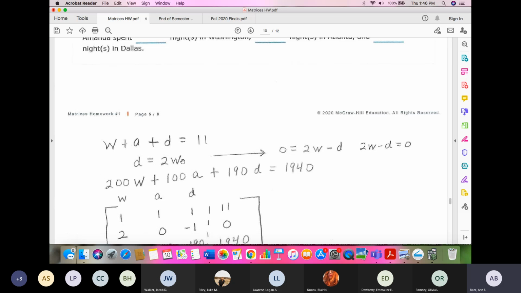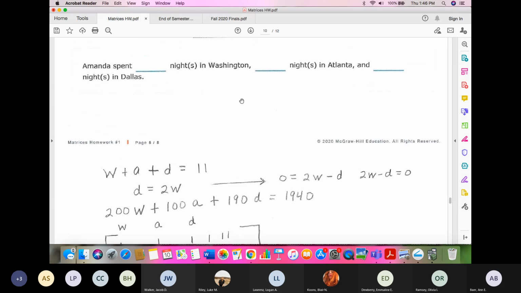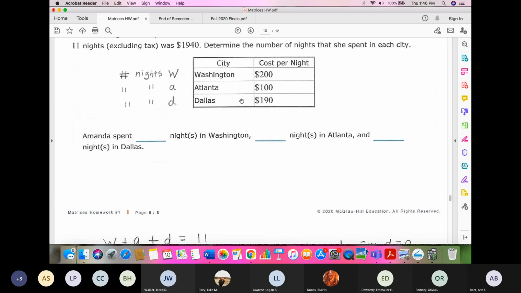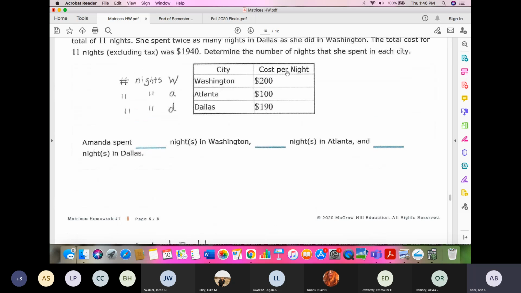Well, we'll save this one for last. This is perhaps the tricky one. If you notice, they give us costs per night. So we know we're going to use that. So let's say she stayed 3 nights in Washington. That would be 200 plus 200 plus 200, which would be 600.